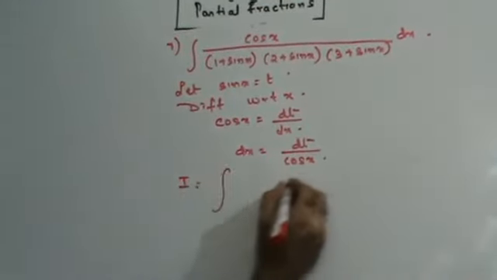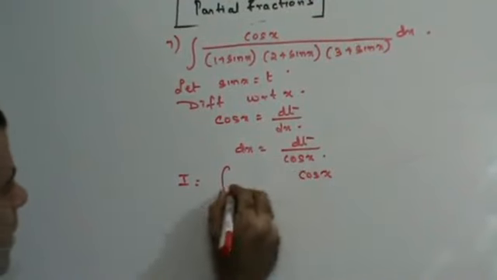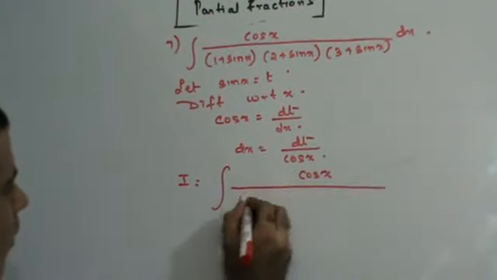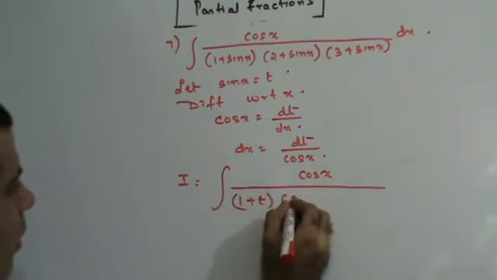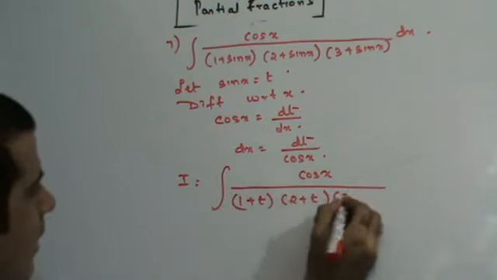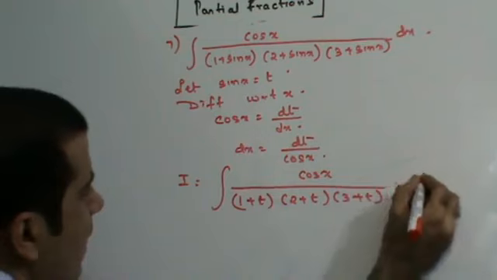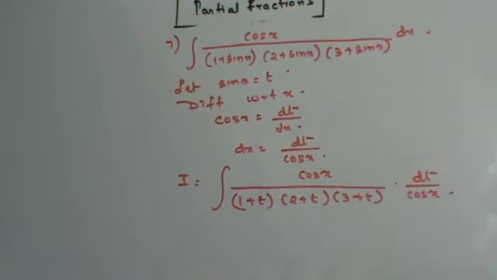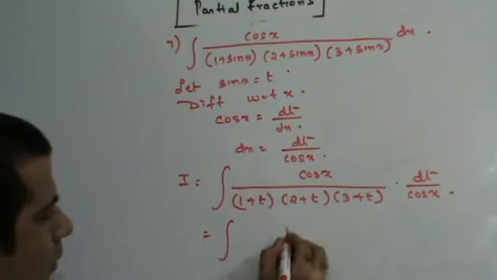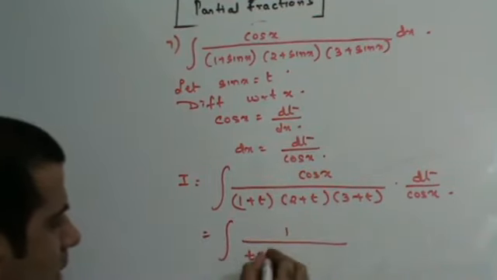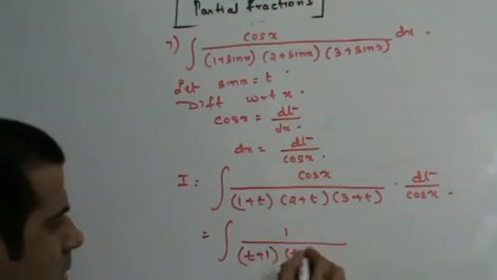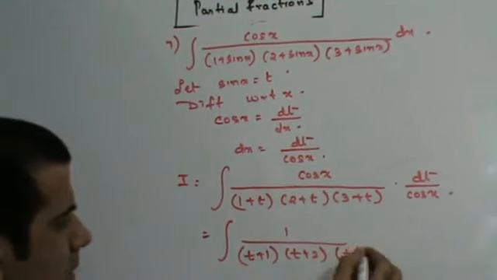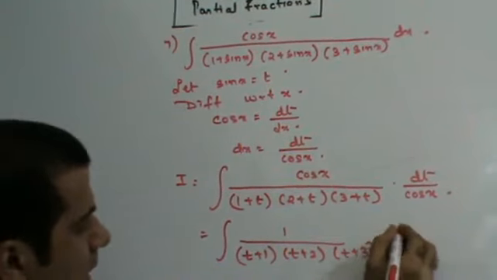I is integral of cos x upon (1 plus t)(2 plus t)(3 plus t) dt upon cos x, right? Integral of 1 upon (t plus 1)(t plus 2)(t plus 3) dt.